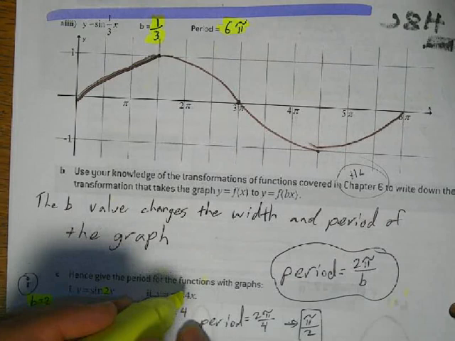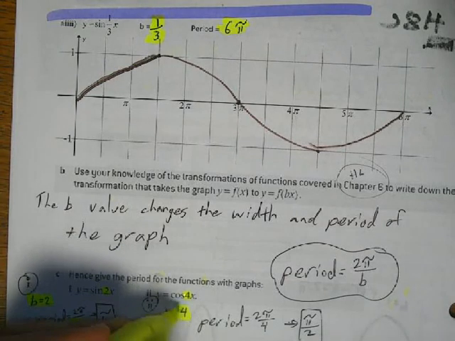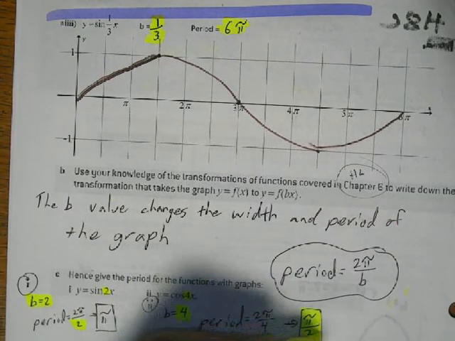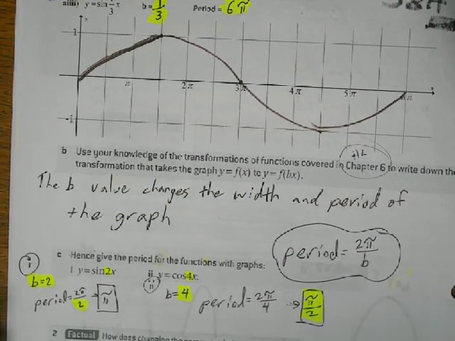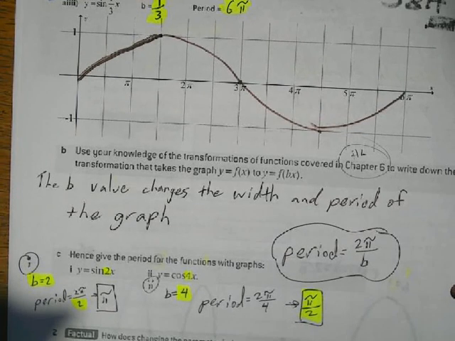If the B value was 4, then I know it would do the whole circle in pi over 2. So the B value either shrinks or stretches the period, and it's stretched horizontally.